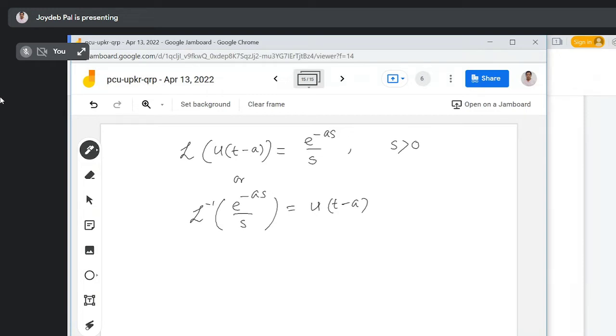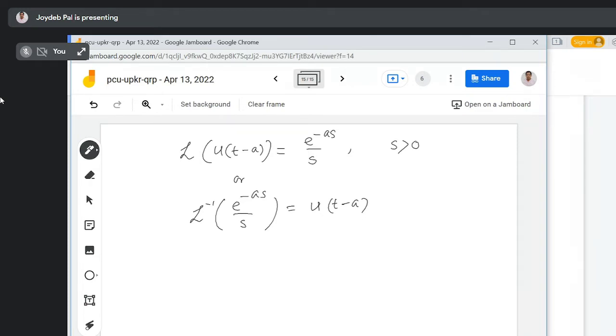Now from now on, F(s) contains some e to the power minus something into s term. Previously we have calculated some Laplace inverses, where we used the formula for s-shifting or F(s) by s case or derivative case.